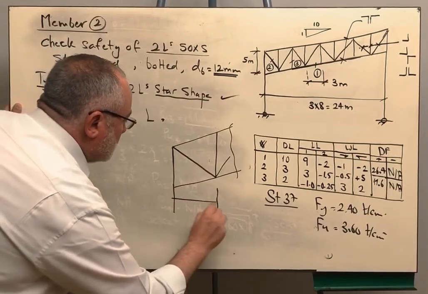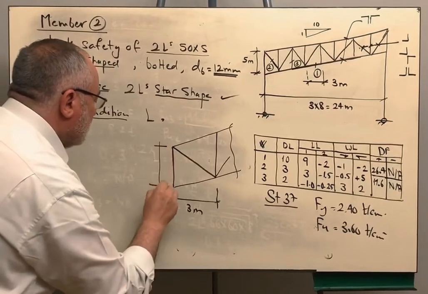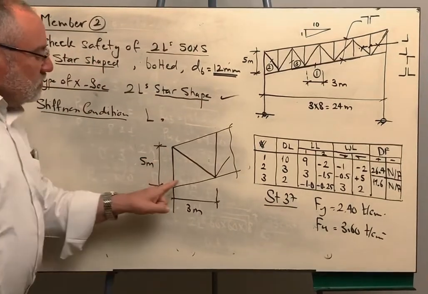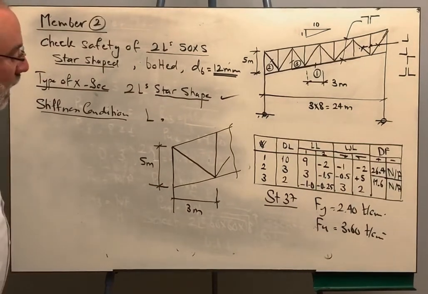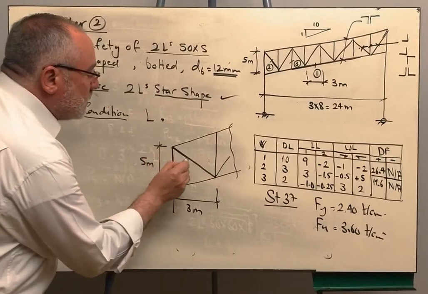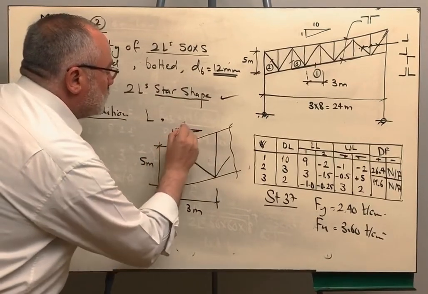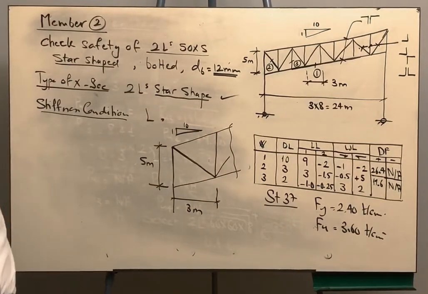This horizontal distance is 3 meters, and this vertical distance is 5 meters. This is not a right angle triangle. So how can you get the length of this member? Take care. We are having here the slope is 1 to 10. What does this mean?